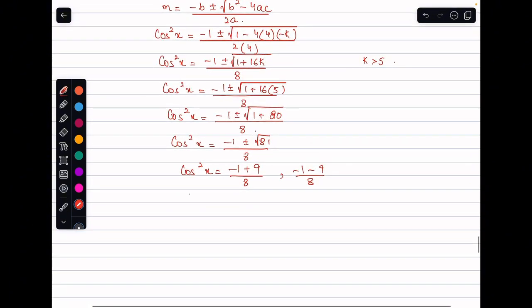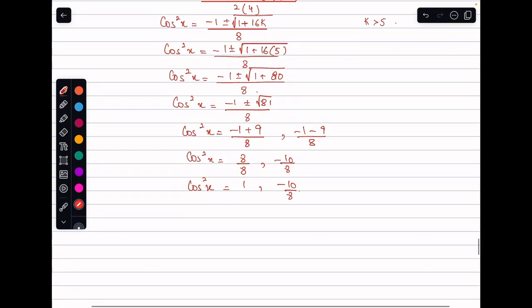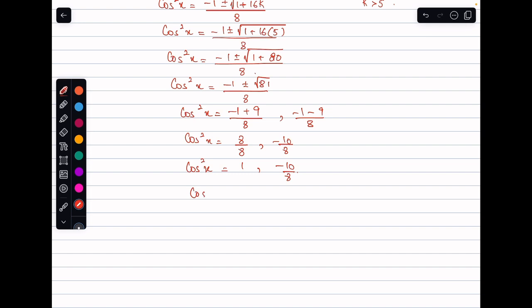So because it's cos square x, I have 8 by 8 and also negative 10 by 8. So cos square x here shall be equal to 1 and negative 10 by 8. So what I have observed here is that if I take the square root, then cos of x equals plus minus 1.